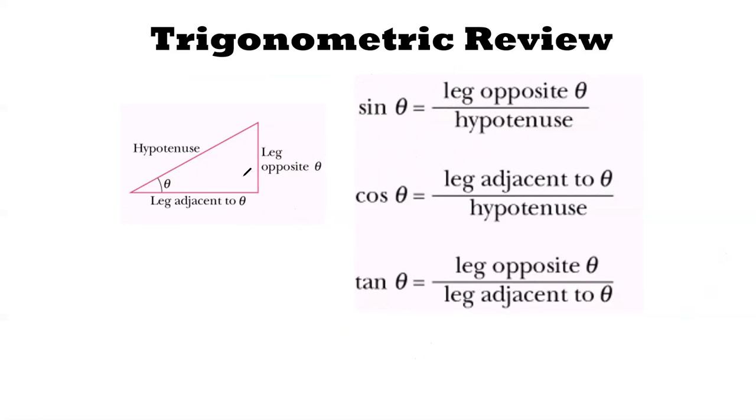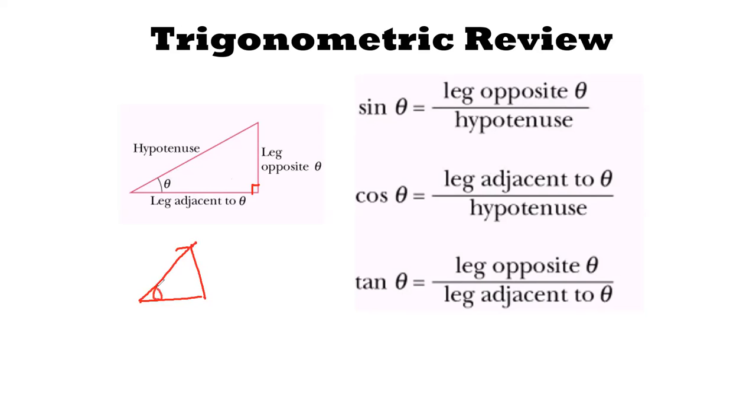For that, first you need the right triangle. For an example, if this is the angle I am interested in, this is my theta, then sine theta is defined as, I cannot change it, if you don't like this one.